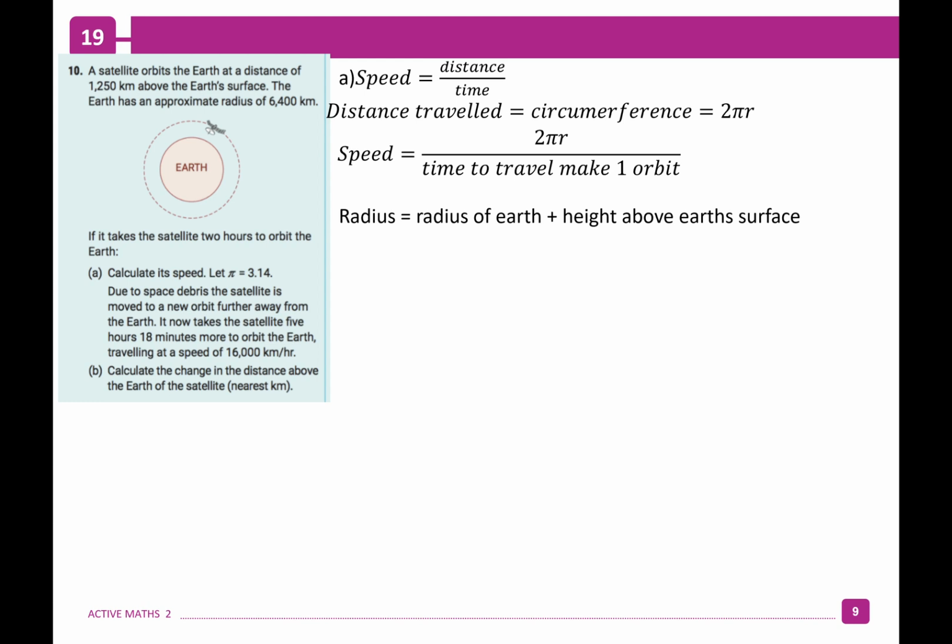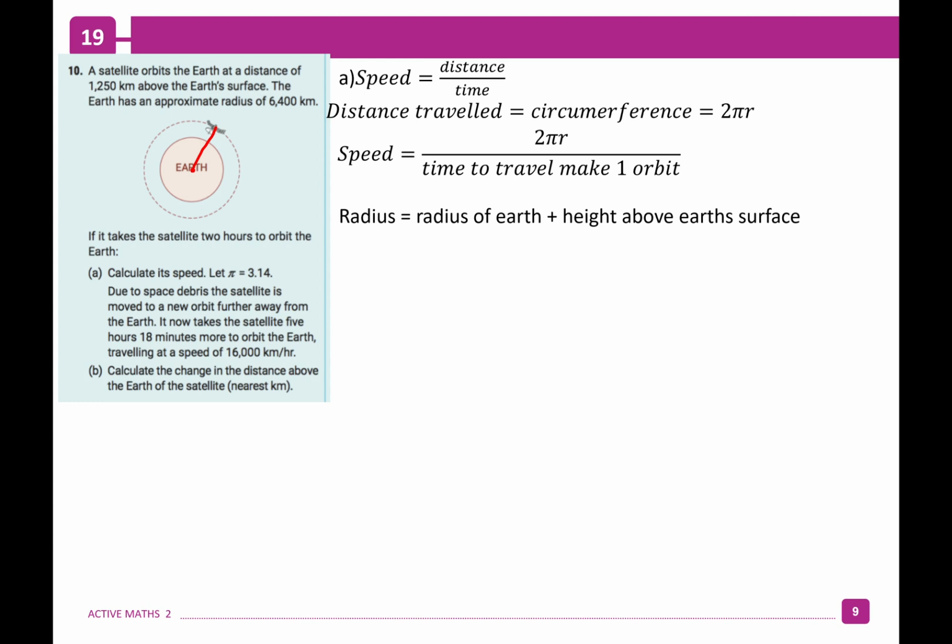So now we need to find what r, the radius, is. So the radius in this case is the radius of the Earth plus the distance that the satellite is above the Earth's surface.